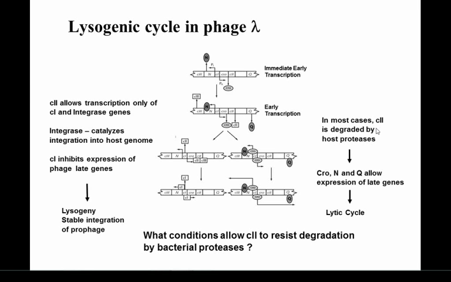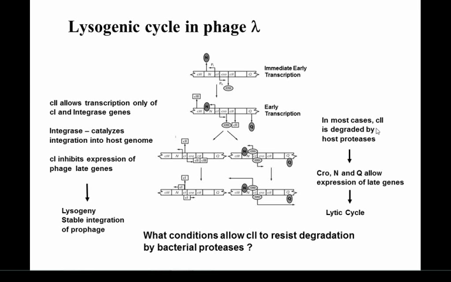If you have a situation where you have lots of host cells, and one phage comes along, and all of these bacteria are growing very nicely, in good conditions for growth, one phage infects a cell.